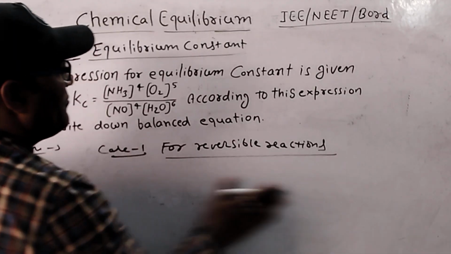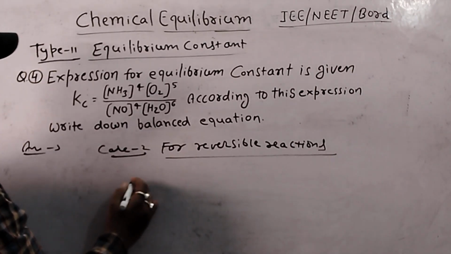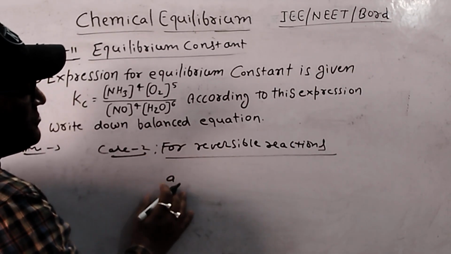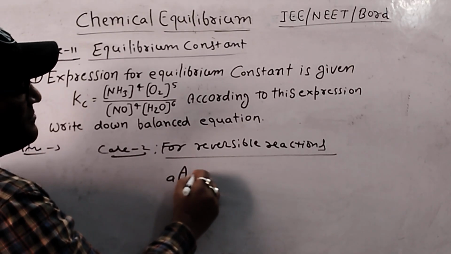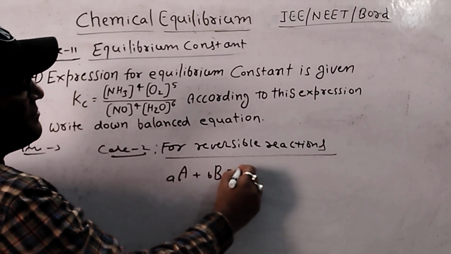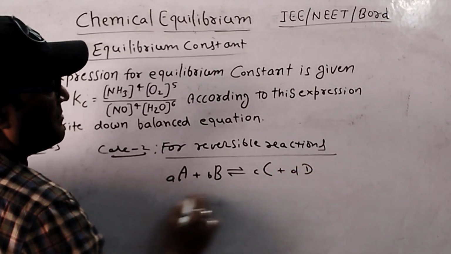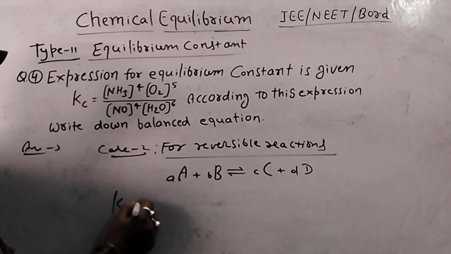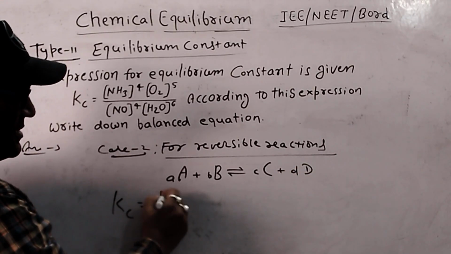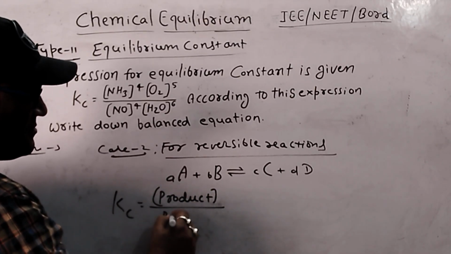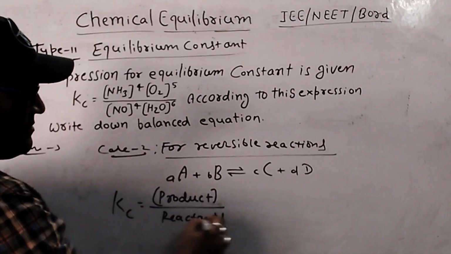Now for case 2, we can write here, in the case of a reversible reaction, with the use of stoichiometric coefficients, the value of Kc, the equilibrium constant, is concentration of products by concentration of reactants.